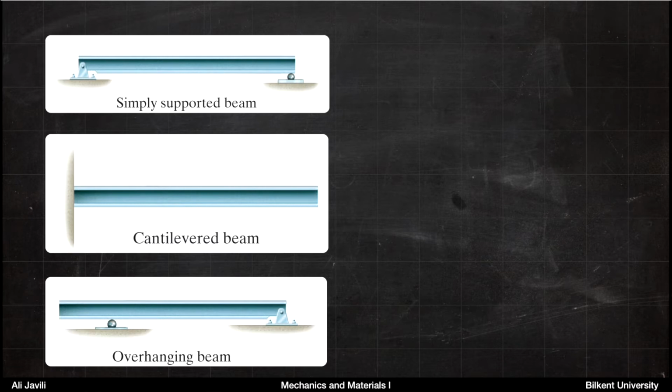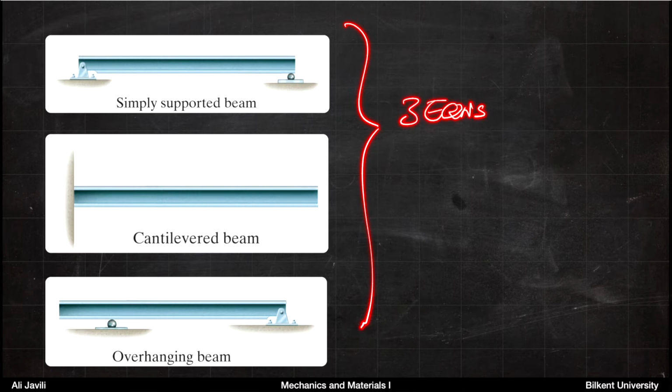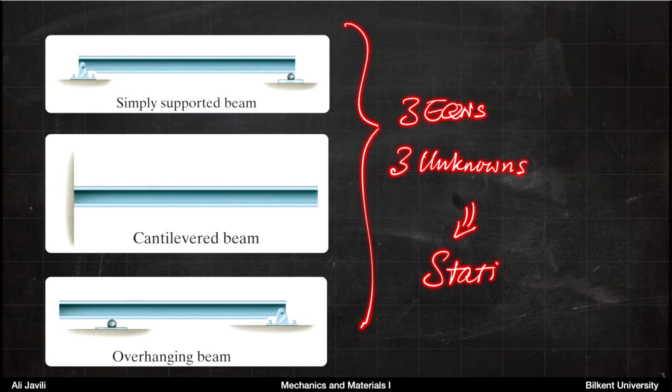Or you may have a scenario similar to the first one, but the roller may not be exactly at the end. In this case, we are talking about overhanging beams. In any case, any of these problems have 3 equations and 3 unknowns, and we are basically dealing with statically determinate problems.